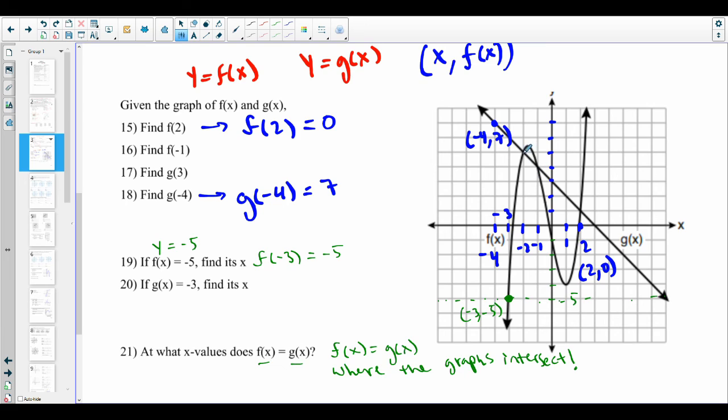Let's see, that would be here, here, and here. So we have the point (2, 1). We have the point, this looks like (negative 1, 1), and (negative 2, 5). So at what x values? At x equals negative 2, negative 1, and 2.